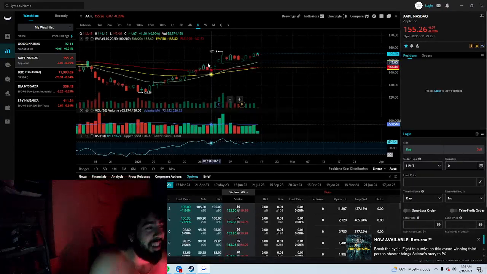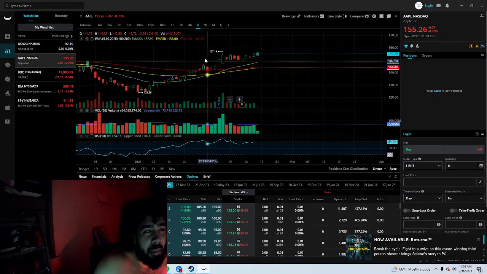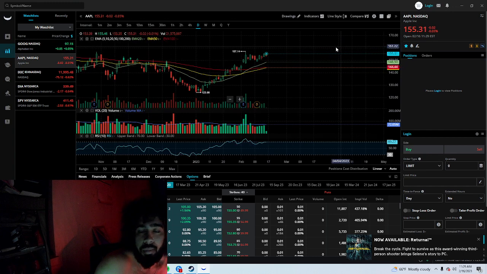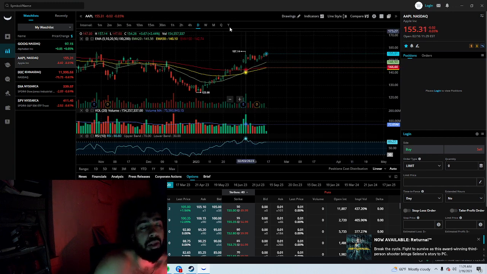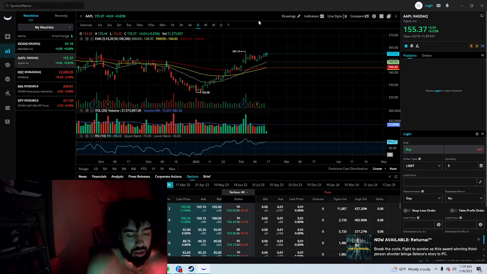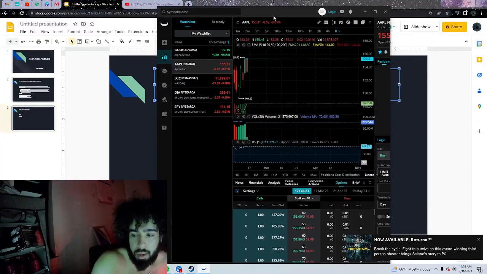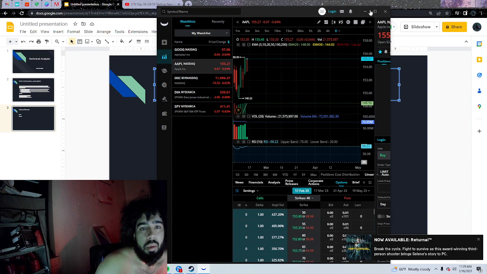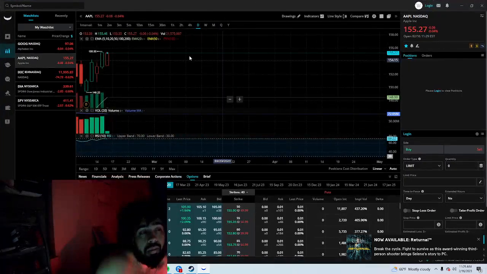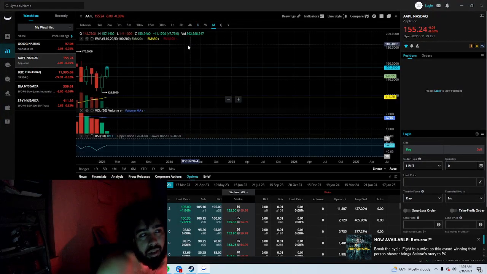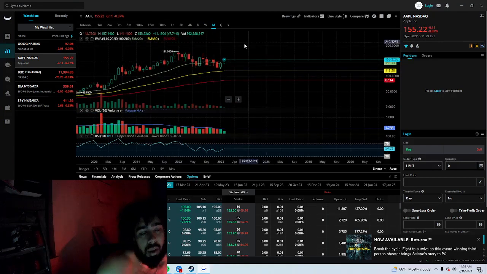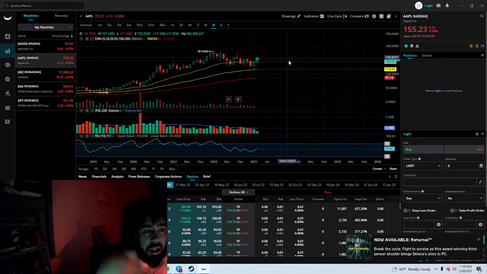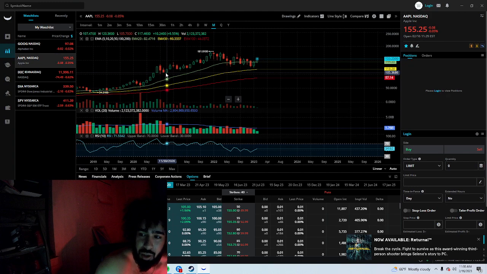Alright, I already have Apple here. Depending on what type of person you are, some people want to trade longer term. So when people want to get into a stock, they look at the monthly chart, and the chart itself will show how the stock is doing so far.